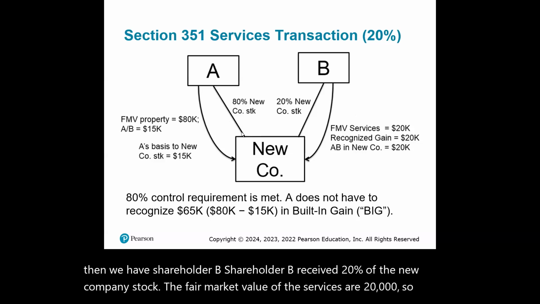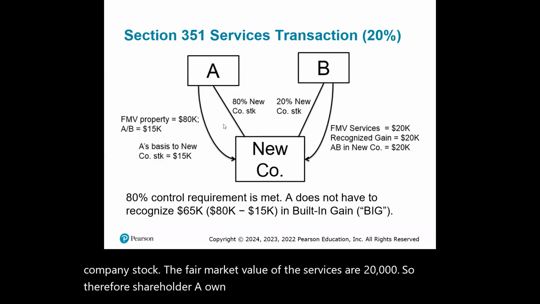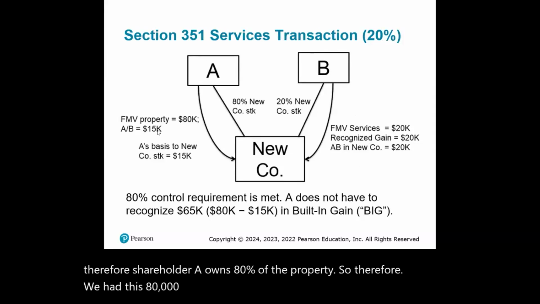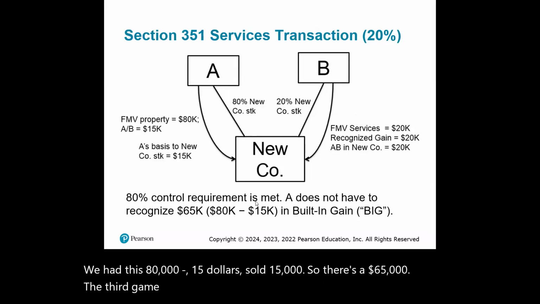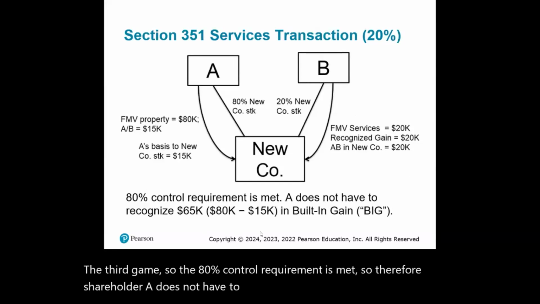Therefore, shareholder A owns 80% of the stock. So we have 80,000 minus 15,000, so there's a $65,000 deferred gain. The 80% control requirement is met, so shareholder A does not have to recognize the $65,000 built-in gain.